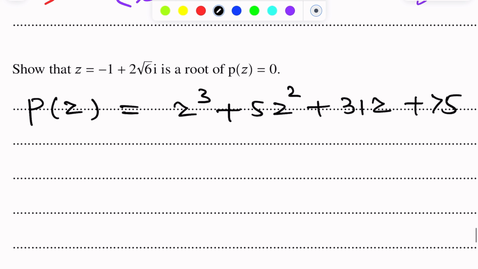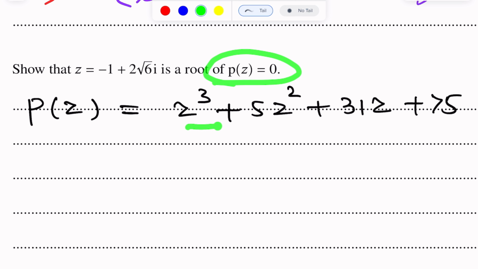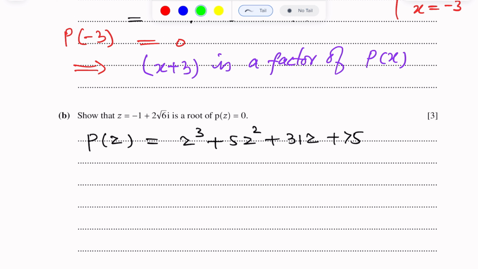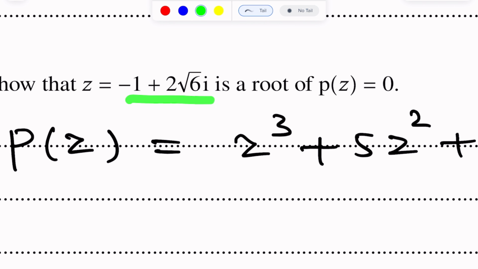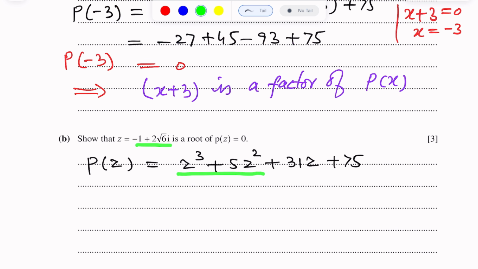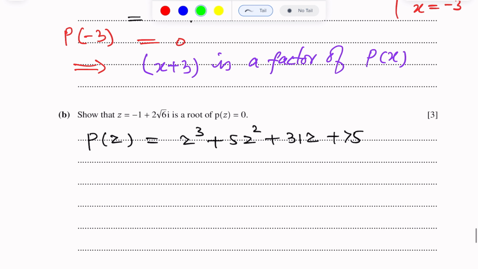We have to show that minus 1 plus 2 under root 6 iota is a root of this polynomial. So we will put this value of z in this polynomial and we have to get 0. The result should be 0.